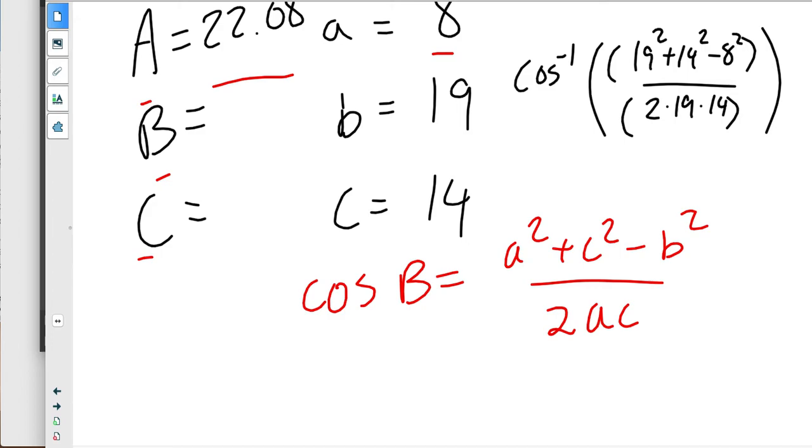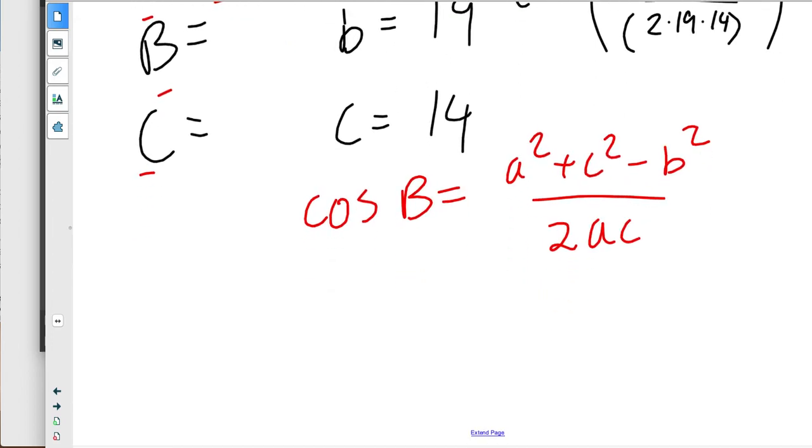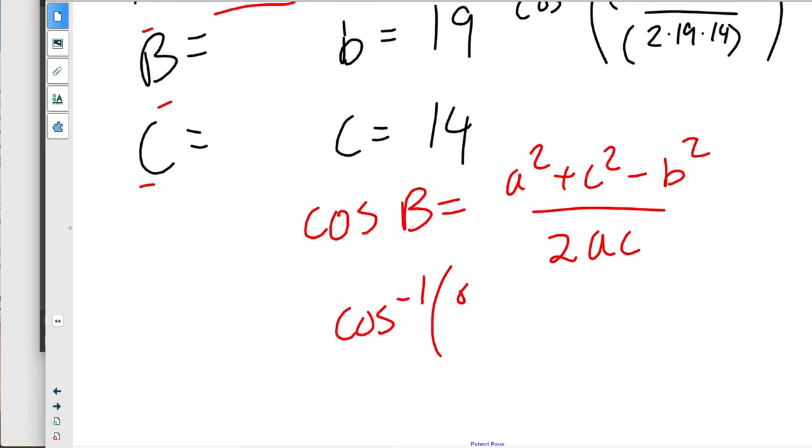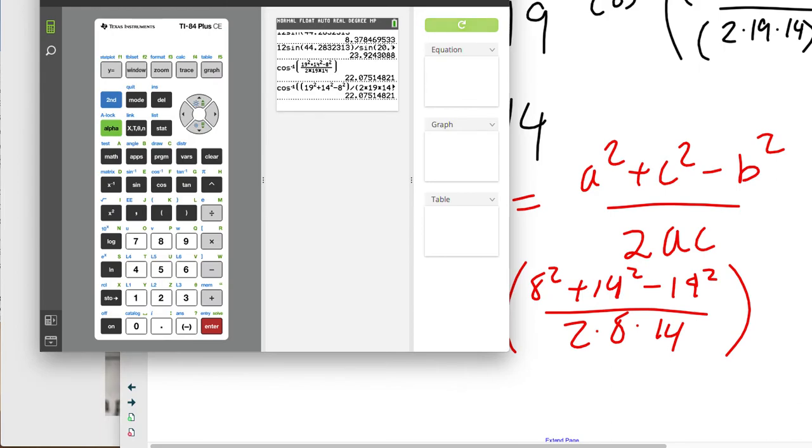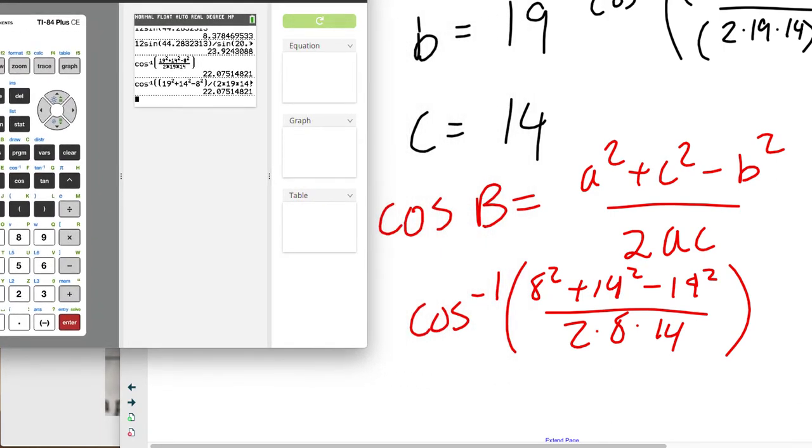Okay, putting numbers in, inverse cosine of a is 8 squared plus 14 squared minus 19 squared divided by 2 times 8 times 14. So this is what cosine should equal. Or excuse me, angle B should equal.